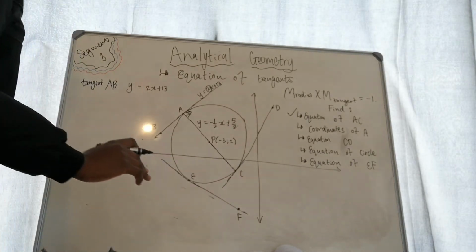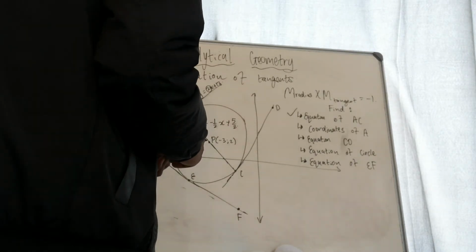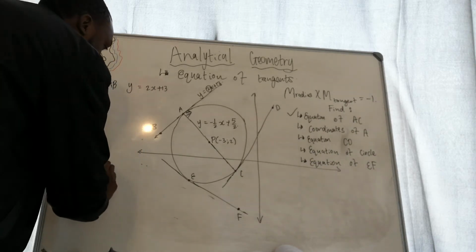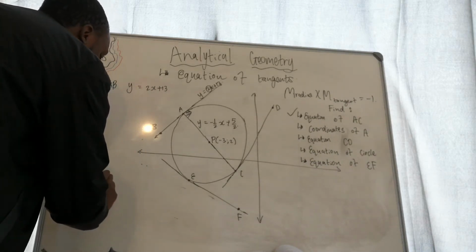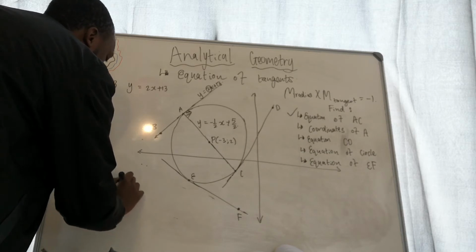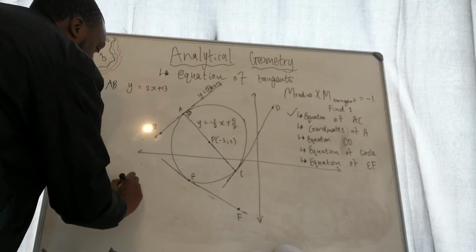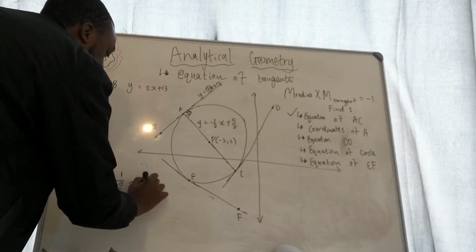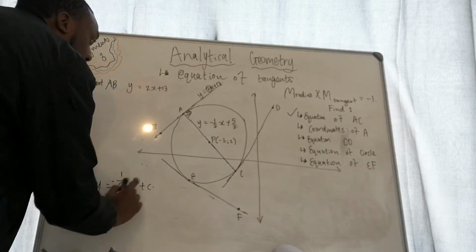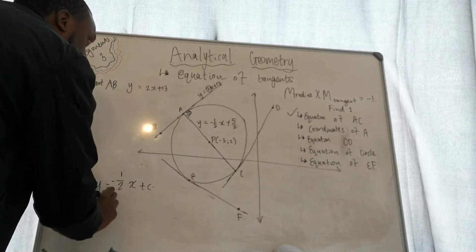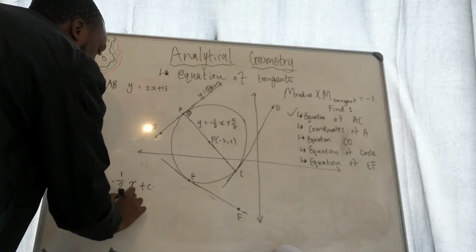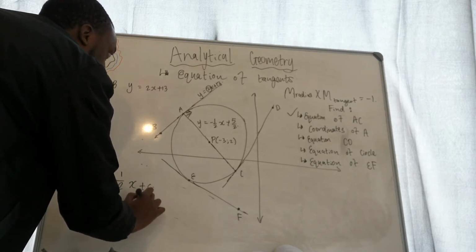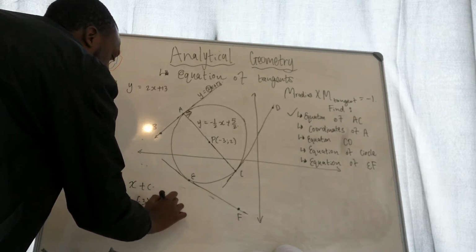Wait, is that what you get? I remember having a y equal to 2... I'm sorry, I'm checking something. I think I might have made a mistake here. y is equal to mx plus c, and so I substituted these coordinates to that side. A 3, negative 3 there.